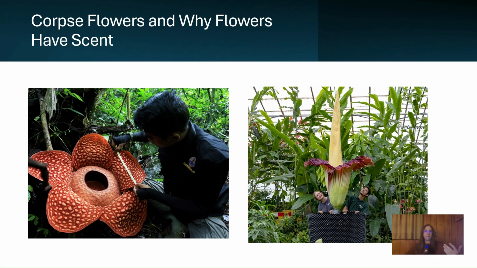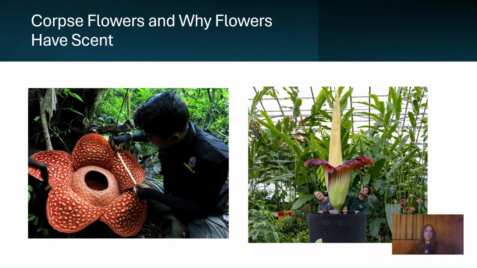Both of these flowers' main adaptation to attract pollinators is by stinking like rotting meat. Like you'll see videos of people interacting with these, and they'll just be saying the whole time just how awful it smells. Like it smells like rotting meat.